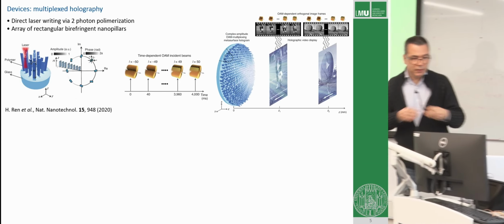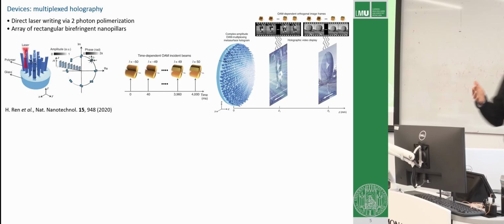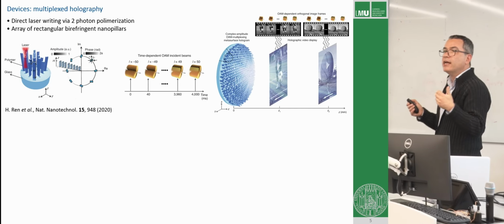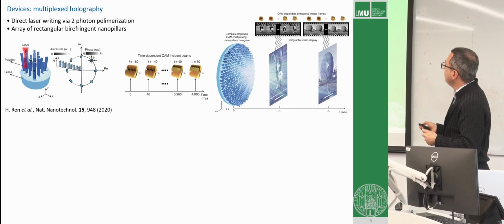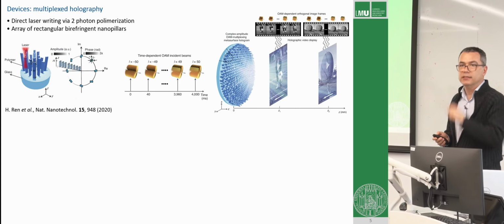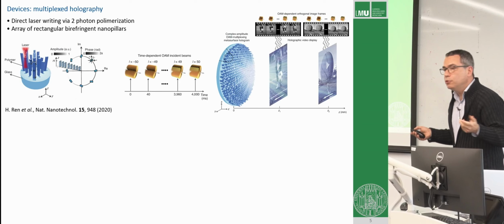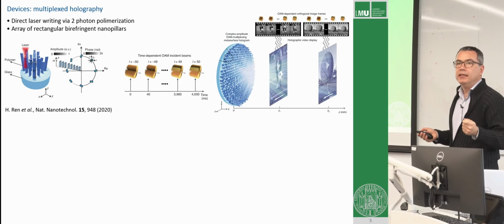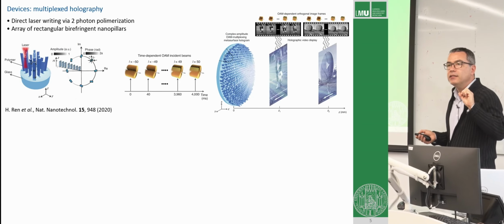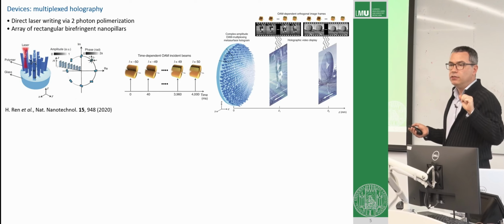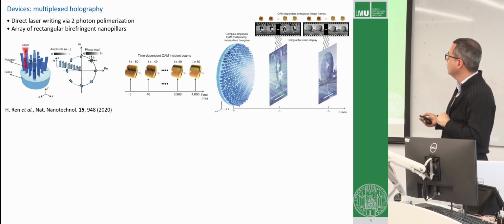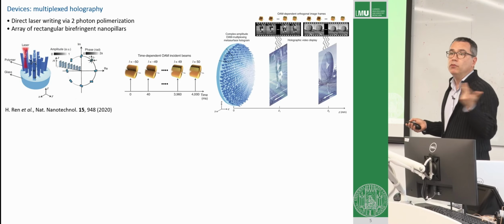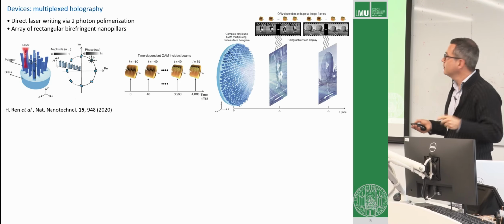So if you want now to make dynamic holograms, so if you want to project a movie, a holographic movie, you need to shine different kinds of light on this metasurface. Up to today, what people did is using light with different circular polarizations, so the spin degree of freedom in the polarization of light, but you have only 3 possible channels with this.